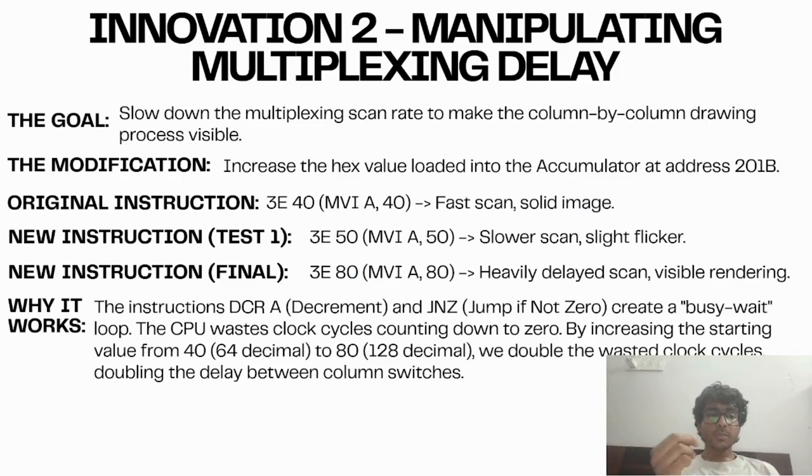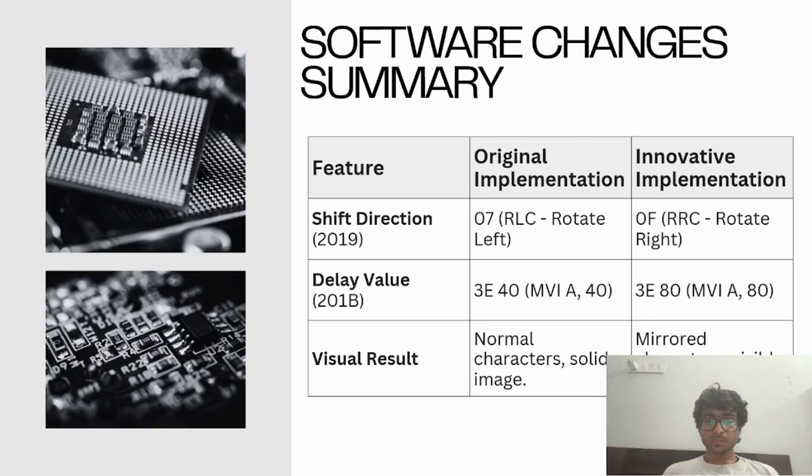In this way, the CPU wastes clock cycles so that it can implement a delay in our LED matrix interface. I increased that delay from 40, then to 50, and then to 80, so that we can easily see how the LED matrix is changing from one character to another.